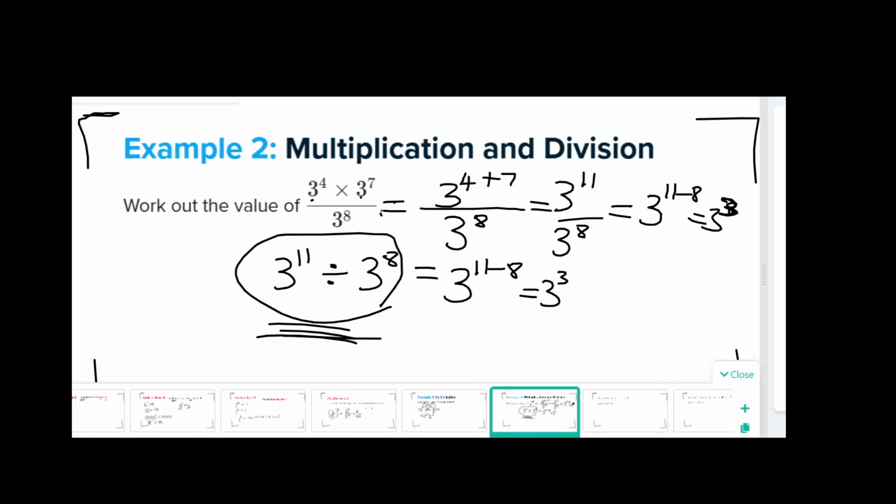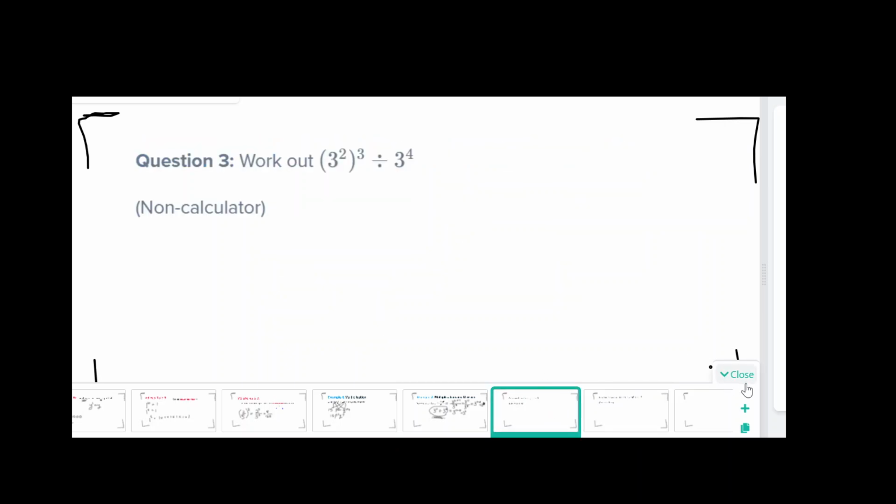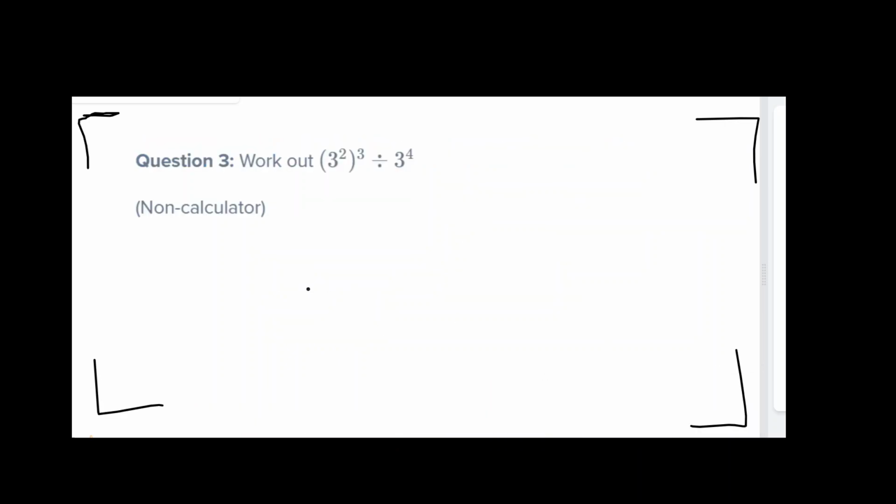Okay, let's move to the next one. So this also combines two rules. So you solve this part first before solving the other part. So we have 3 squared in a bracket to the power of 3. So if I do that first, that part means 3 to the power of 6. And then I'm dividing all of that by 3 to the power of 4.